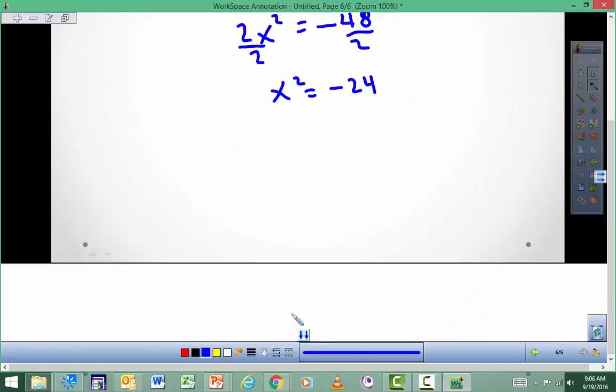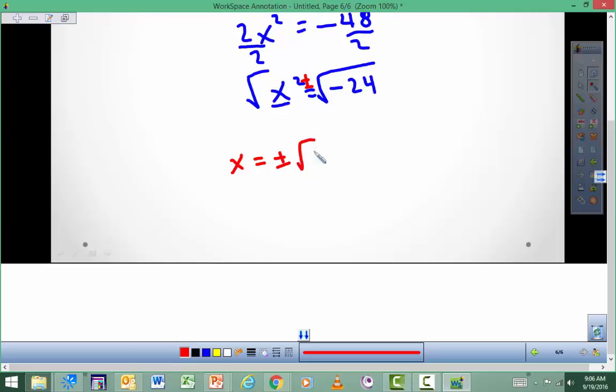Okay? And now what we do is take a square root here and a square root here. And since we're solving for a variable, we do need to put in the plus or minus. So we'd have a plus and minus right here. And so we get x is equal to plus or minus. Now, what I would do, since there's a negative, I'd rewrite this.